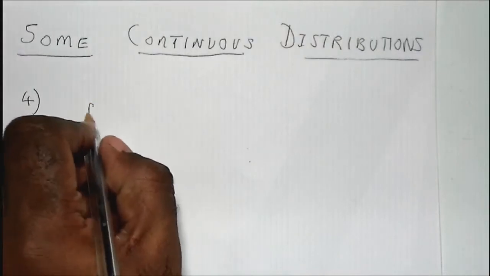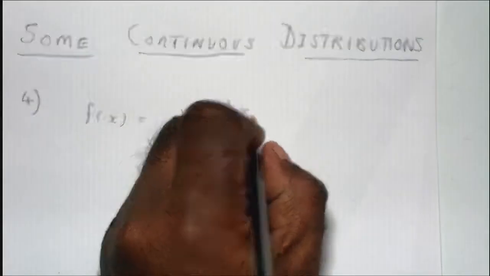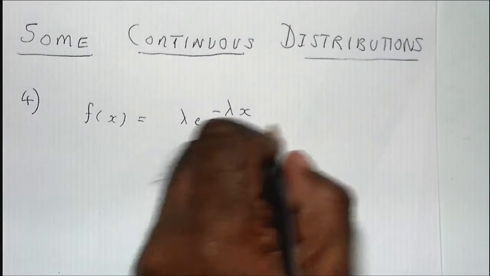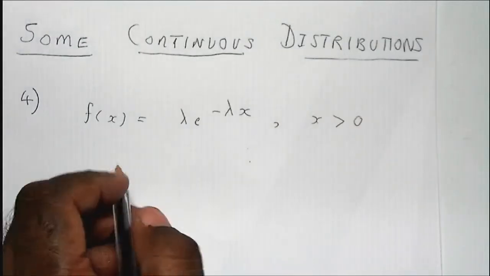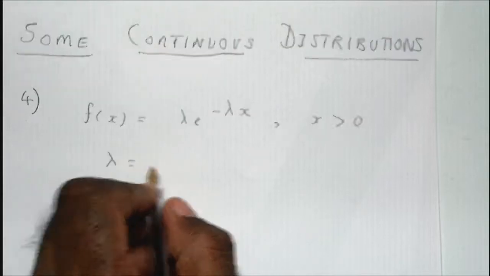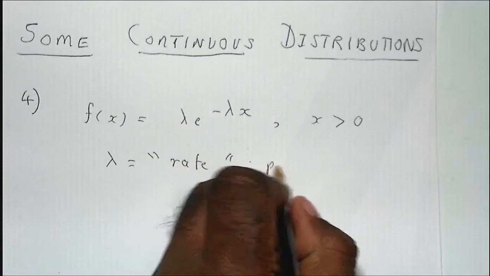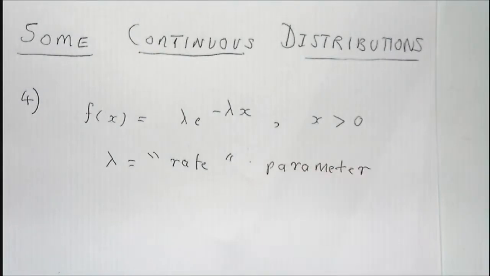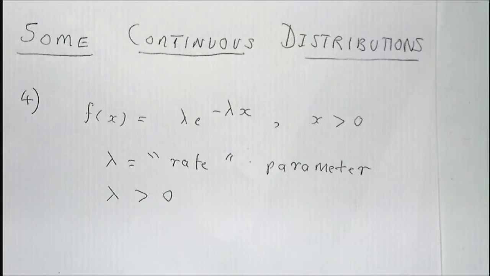The density function of the exponential takes this form, right? And lambda is known as the rate parameter, and lambda always takes values strictly positive.